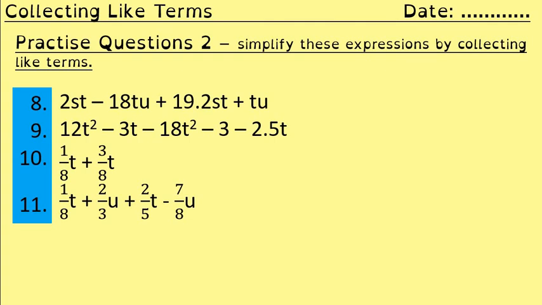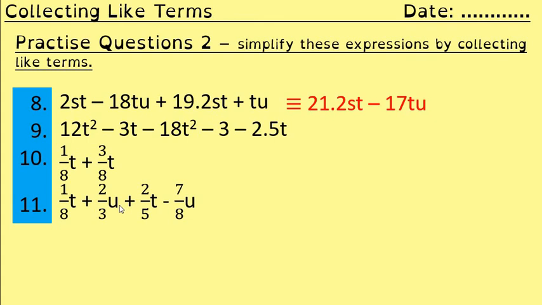Okay, so the answers to these questions, we should have 21.2st, because these two terms here are like terms, and then subtract 17tu, because we have two like terms here. In the next one, we've got t squareds, we've got t's, and then we've just got the number 3.